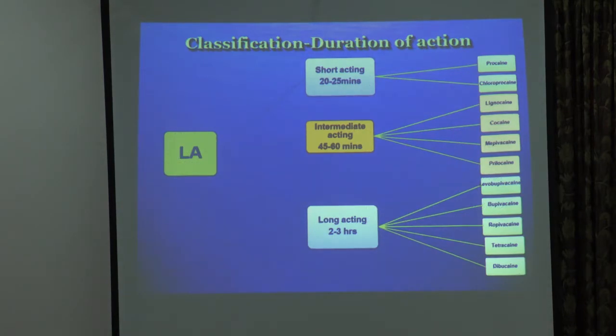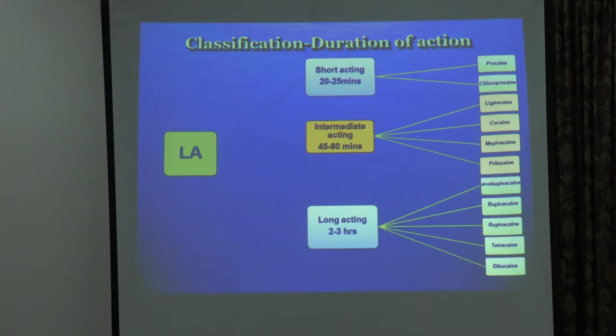With the duration of action, if you look at short-acting ones, you're looking at between 20 to about 25 minutes, and the examples of those that are short-acting are there. With the intermediate-acting ones, you have our lidocaine there, which acts for about 45 to 60 minutes, and then the long-acting ones, we have our Marcaine in there, which acts for about 2 to 3 hours.